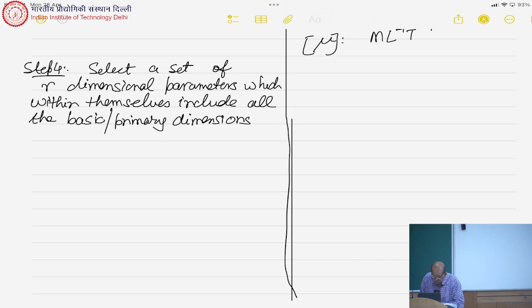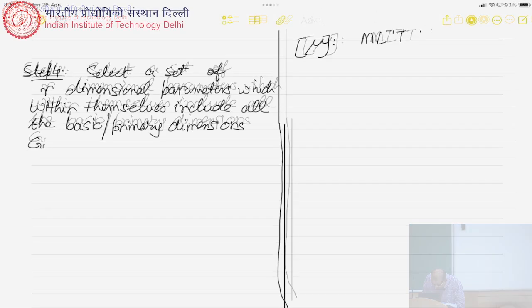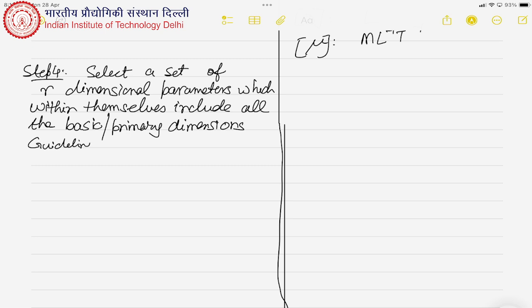So here are the guidelines. There are a couple of guidelines we give.